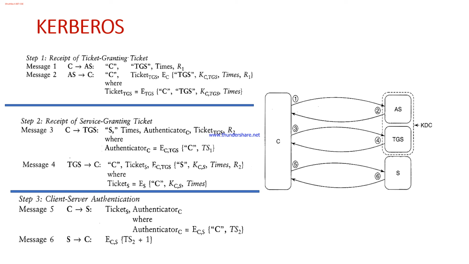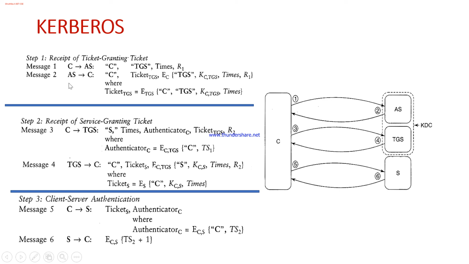So that is the time duration of the session, and that is one example. And this R1 is nothing but the challenge, the random number, the nonce generated by the client, and the purpose of generating it is to avoid the replay attack.